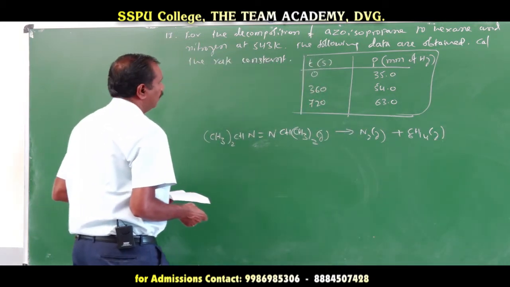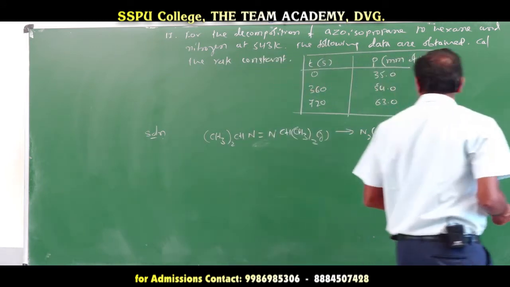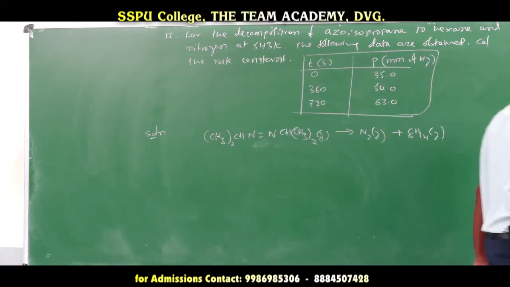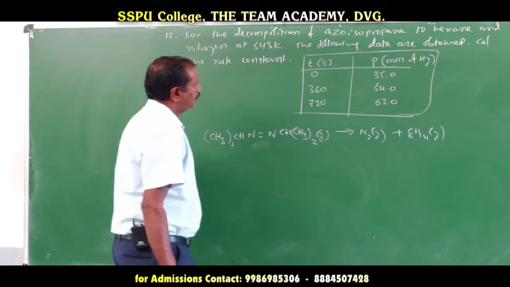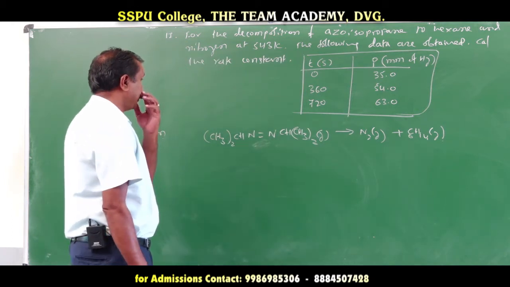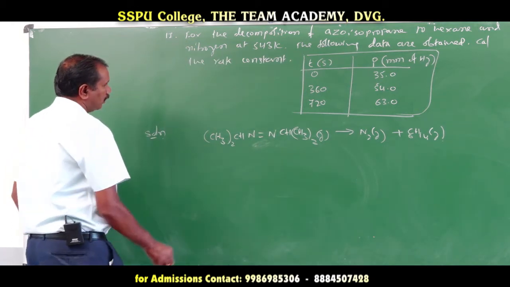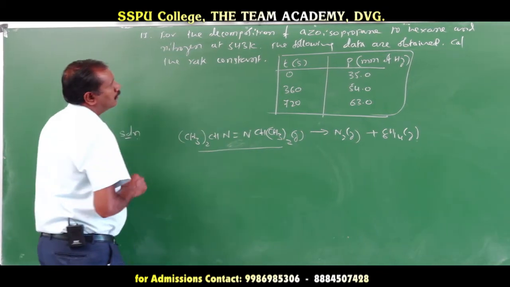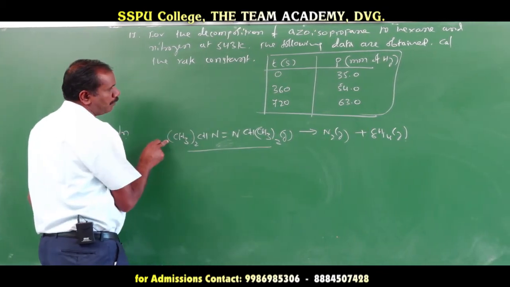So how to find out the rate constant for this reaction? This is the molecule azoisopropane, so it's 1 mole there.